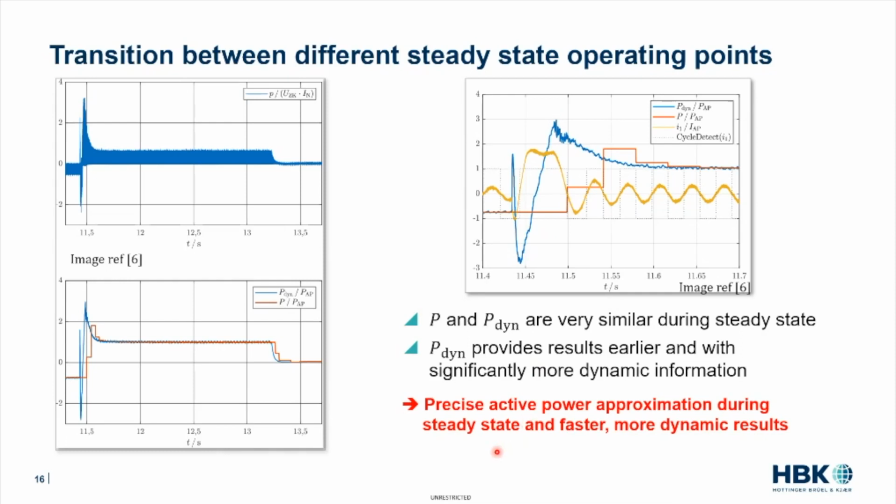So we have a precise active power approximation during steady state and faster, more dynamic results. So you just are closer to the truth.